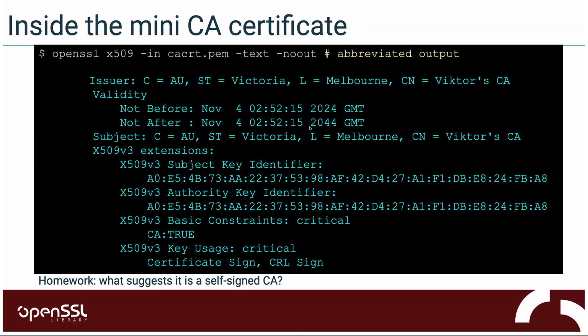May we all be around in 2044. And it's got X.509 subject key identifier and authority key identifier that are identical. These were automatically generated. One has to ask to turn them off if one doesn't want them. And then it's got our requested basic constraints, and it's got the key usage that we asked for.